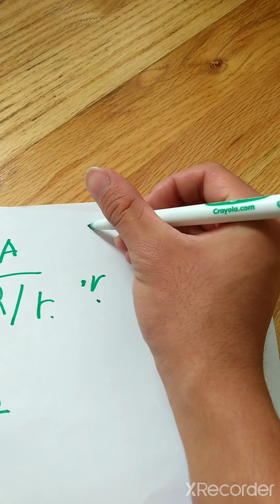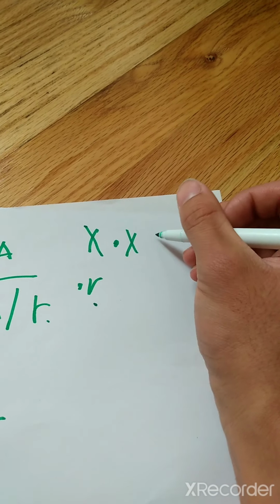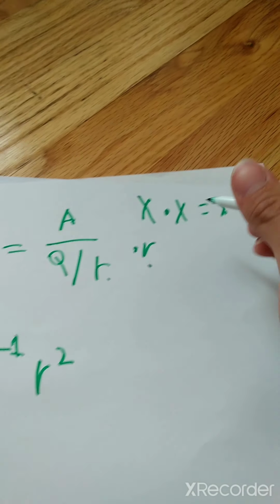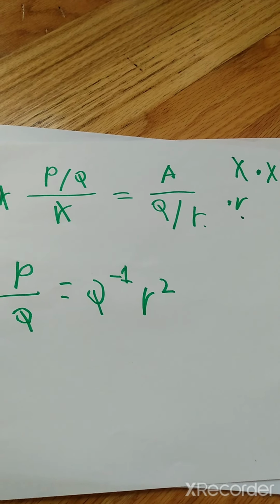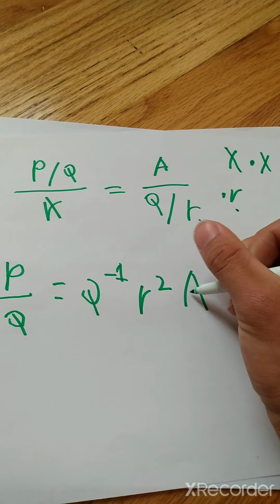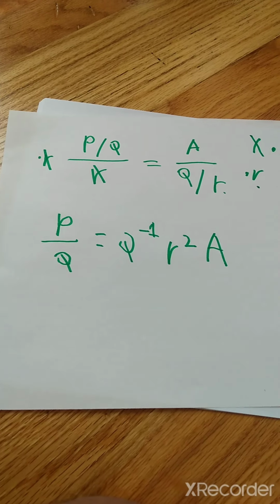That's why x multiplied by x becomes x squared. So we have r squared, because r times r is r squared, times a. So what we just did is simplify to get this new equation.